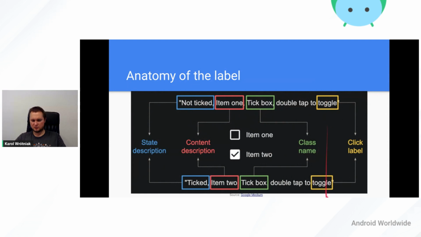And at the end, we have a click label. It is activate for clickable and toggle for toggleable, but you can also customize it. Two important rules when formulating the text for those labels. First, don't mix those elements. For example, don't include words like button or image inside the content description.